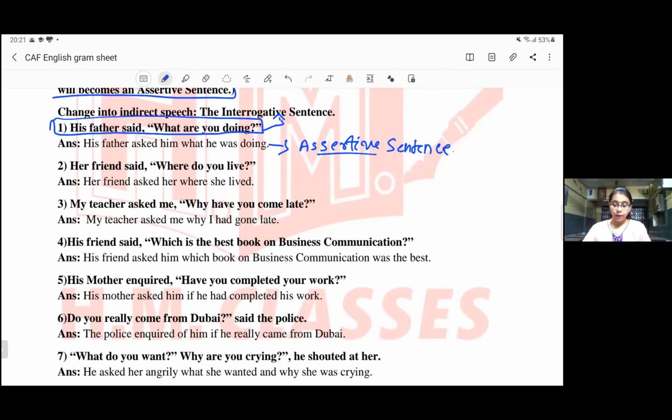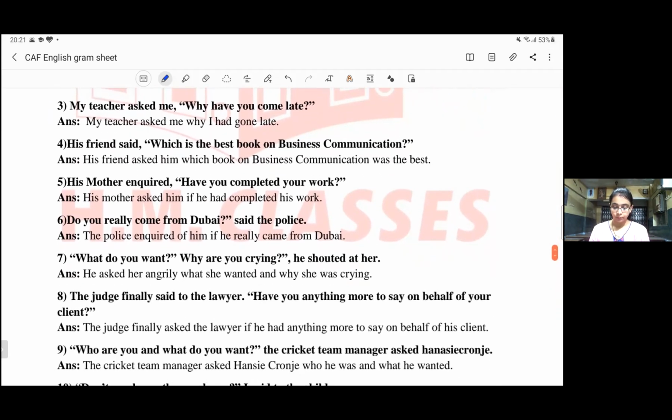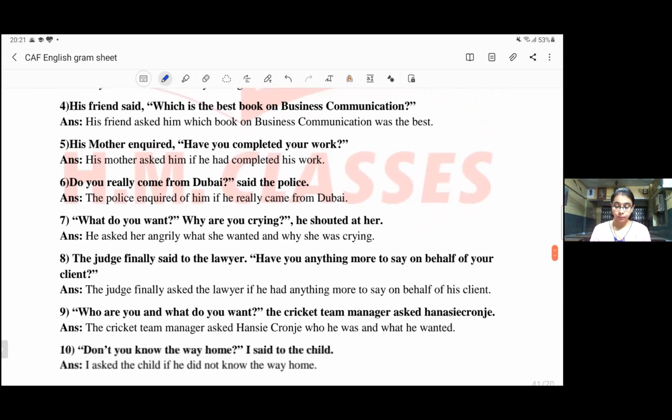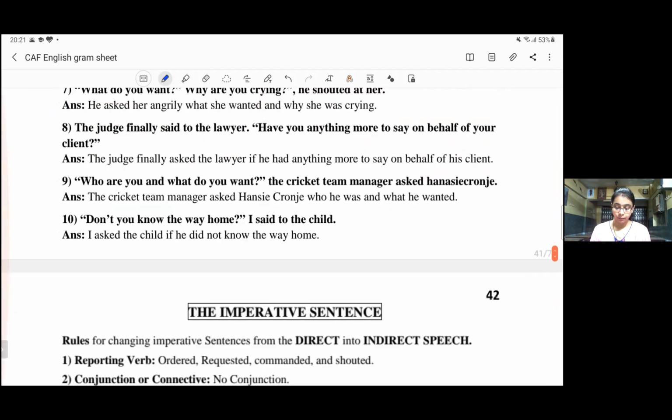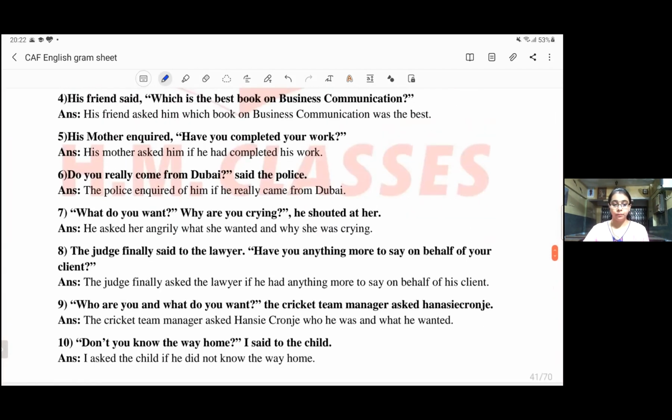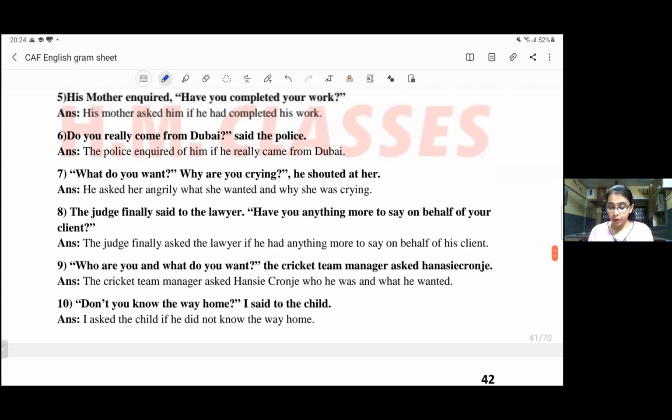His father said, "What are you doing?" His father asked him what he was doing. We have completed interrogative sentences.